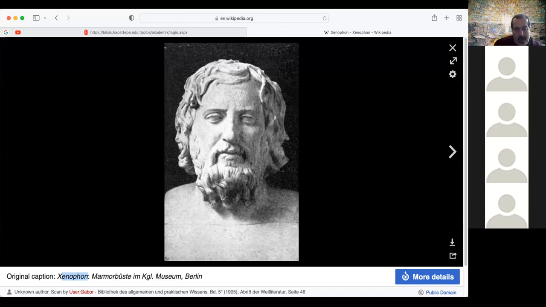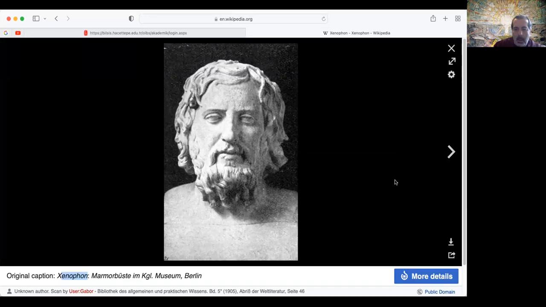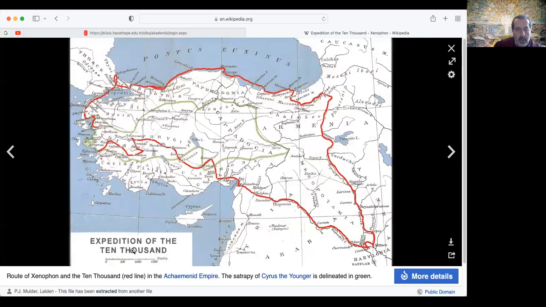This guy was actually an army general, a military commander. And among his books are the famous Oikos Nomos, Oikonomia, which was translated into Turkish as well.